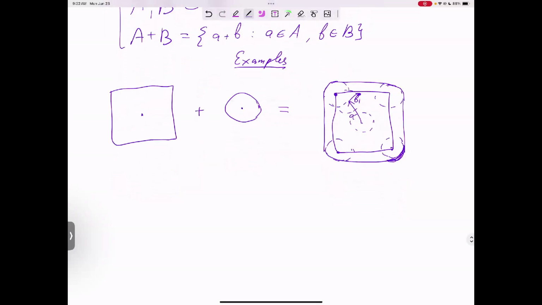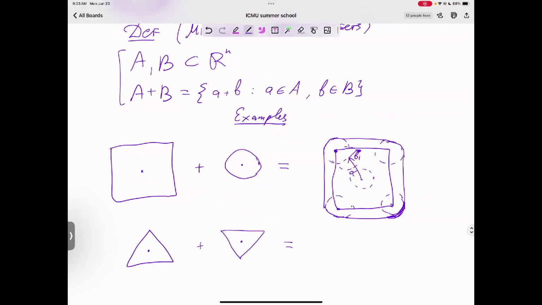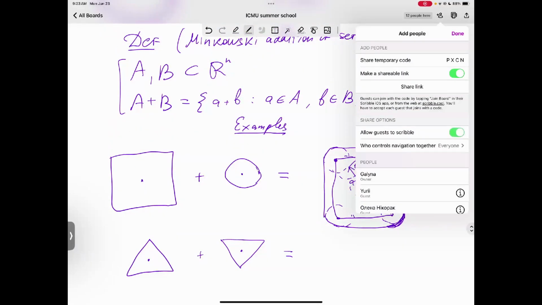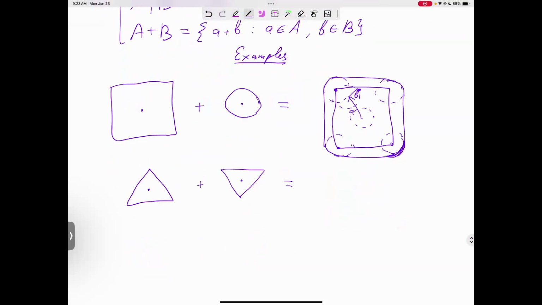What happens if I add a triangle like this with center at the origin and a triangle like this at the center at the origin? By the way, if anyone has a device that can draw, you can also draw here. I can allow guests to scribble for a second. Maybe somebody can try and draw what comes out.